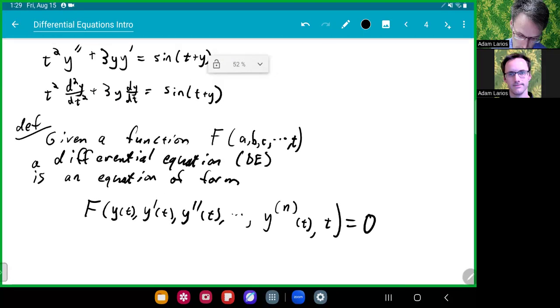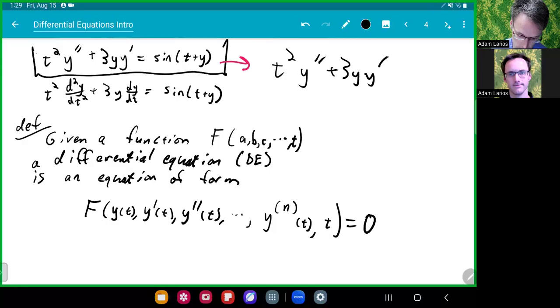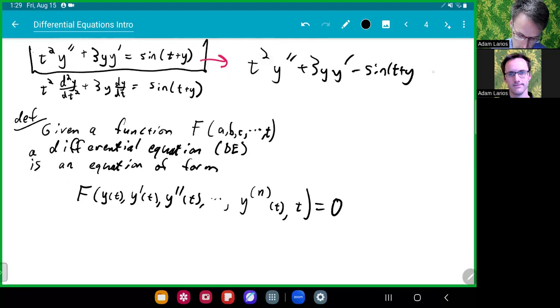So for instance, let's examine this top equation. We could rewrite this in the form, let's say t squared y double prime plus 3y y prime minus sine of t plus y equals 0. And then can we put it in this form?